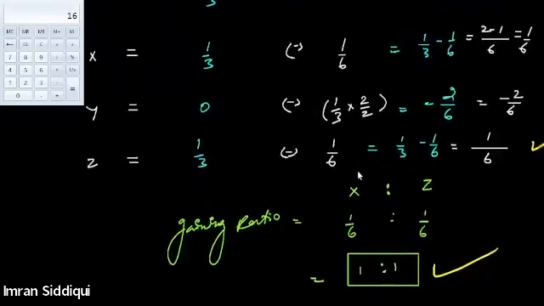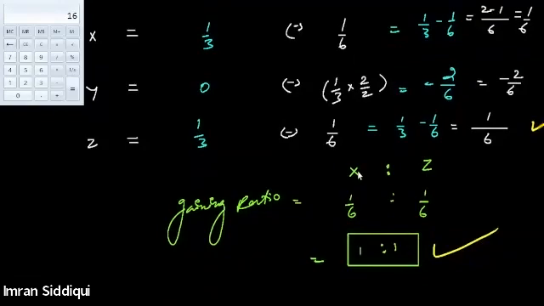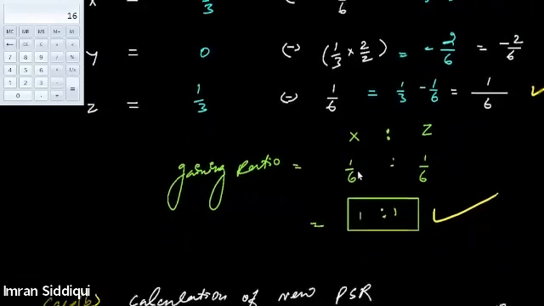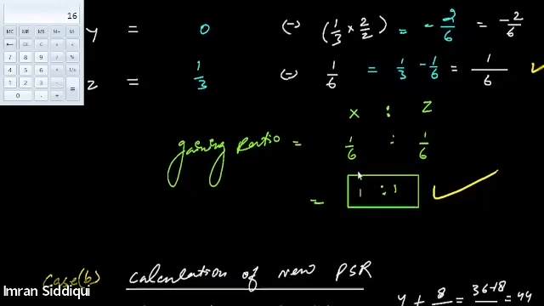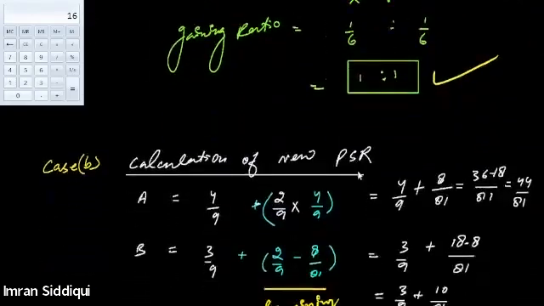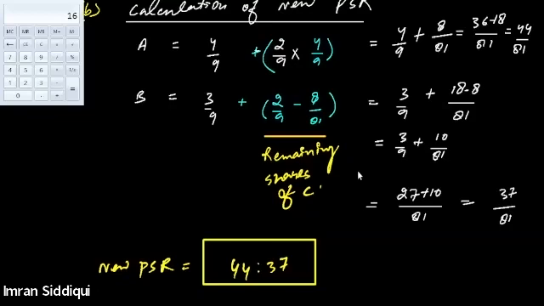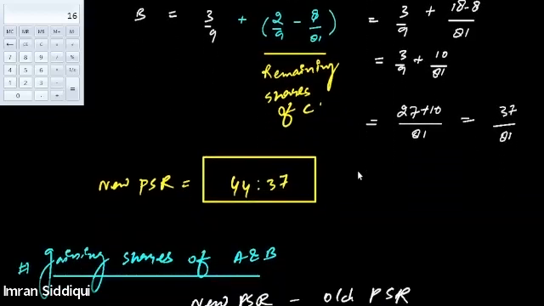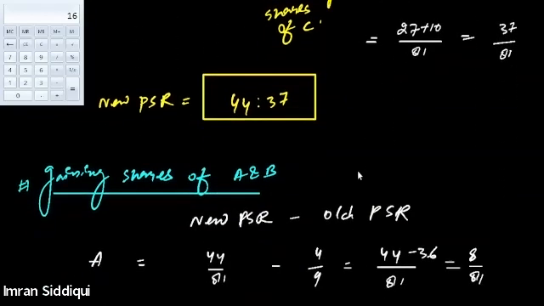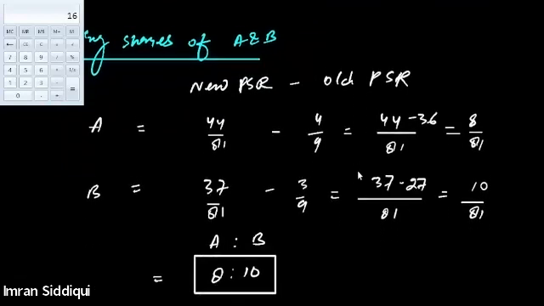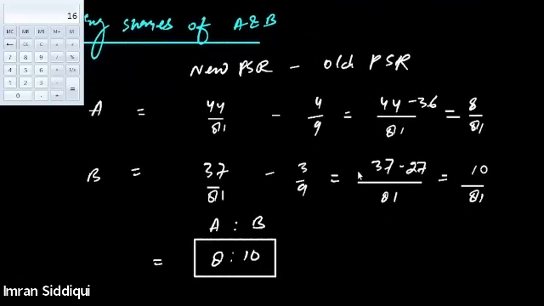Very good. And for case B? The new profit sharing ratio is 44:37, and gaining ratio is 8:10. Yeah, that is also correct. Very good, Aman.